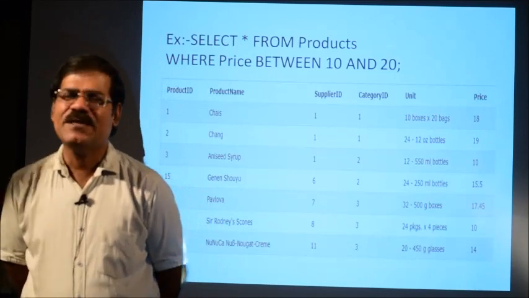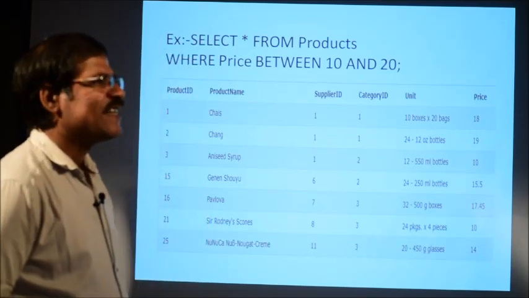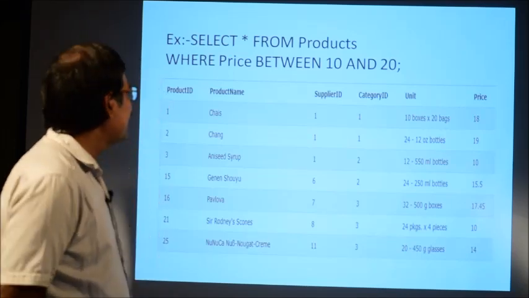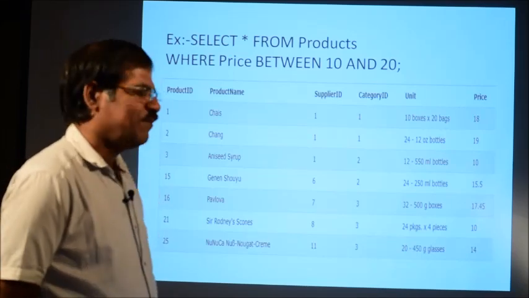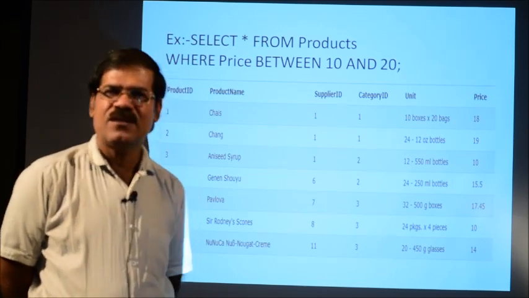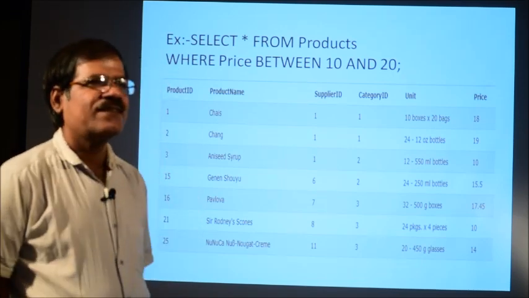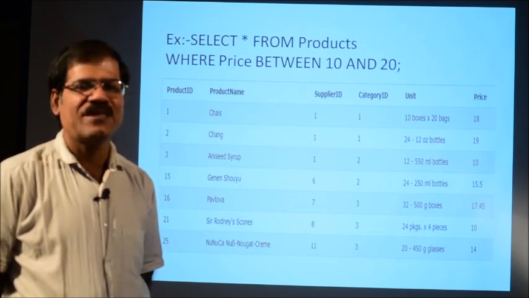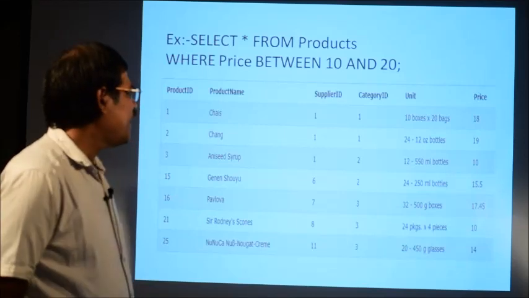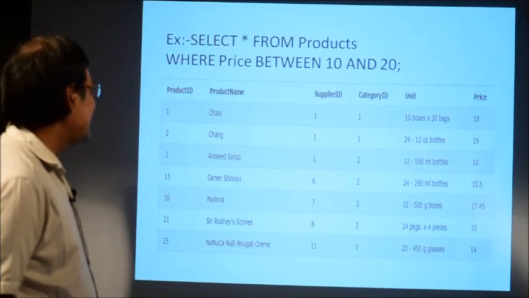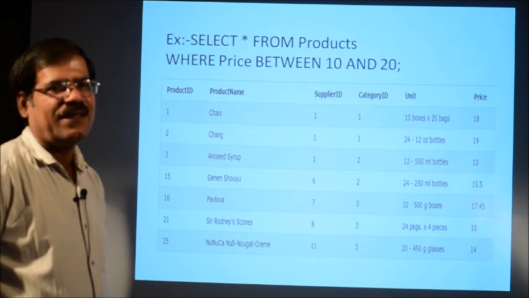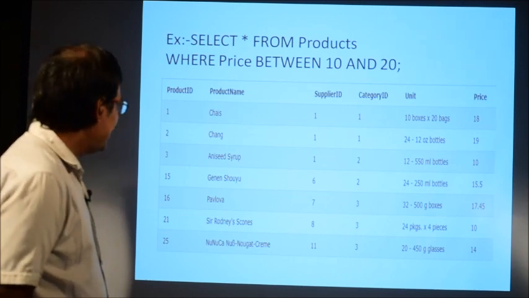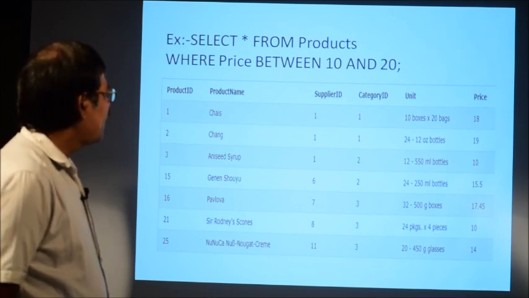So what statement do you write? If you write star, all the fields or columns will be selected. My requirement is only to show the product name of products whose price is between 10 and 20. So instead of star you write select product name from the table name.